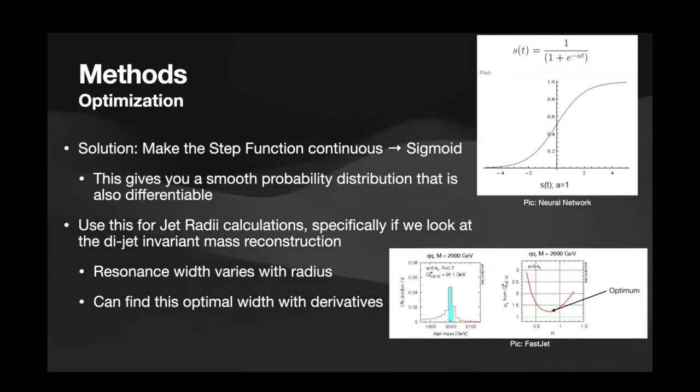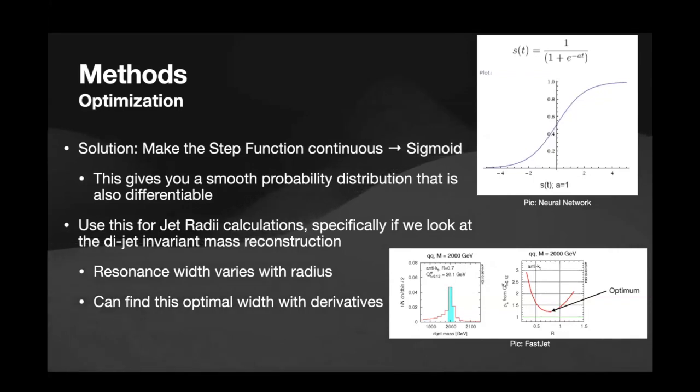In this case, this function is 1 over 1 plus e to the negative a t. The idea is if you increase a to a much higher value, this function approaches the step function almost perfectly, right? The benefit is that this also gives you a smooth probability distribution, and you can now take derivatives of this.